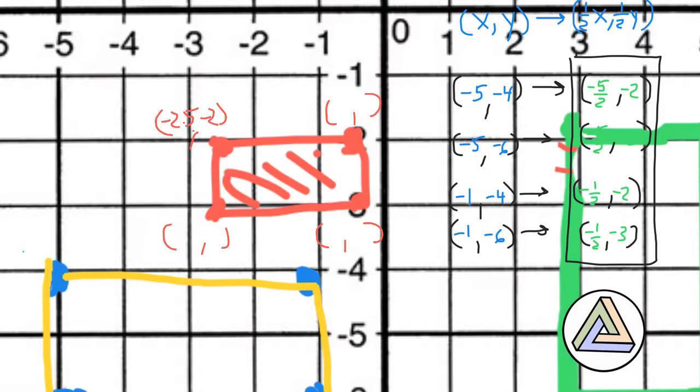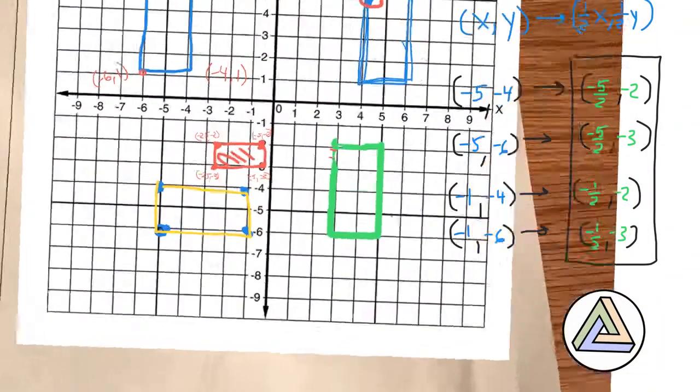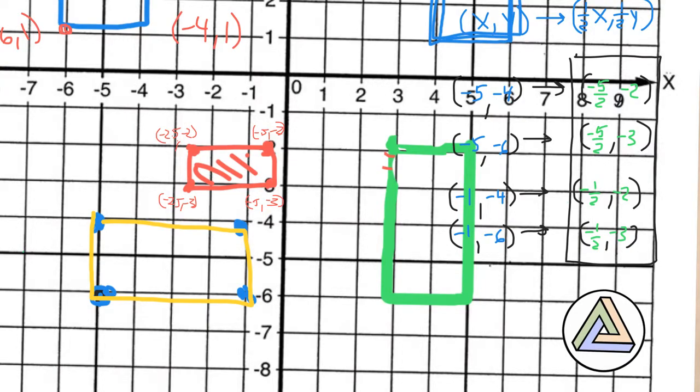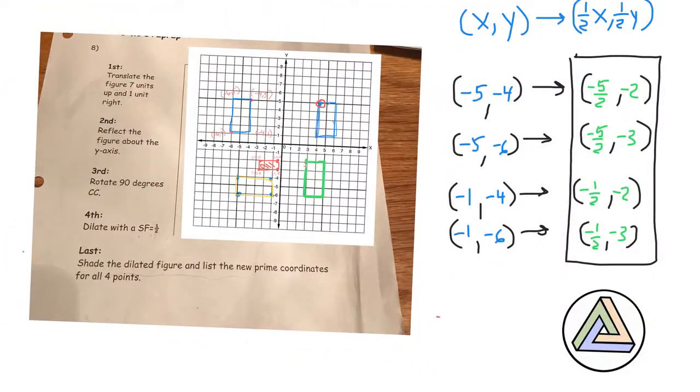This one here is negative 2.5, negative 3. This one is negative 0.5, negative 3, and this is negative 0.5, negative 2. It's kind of ugly looking. My handwriting's not the best, but you get the idea. That might be a nice way of impressing the teacher, by actually labeling it on the graph. So that is how to do that one, and that is the final problem.